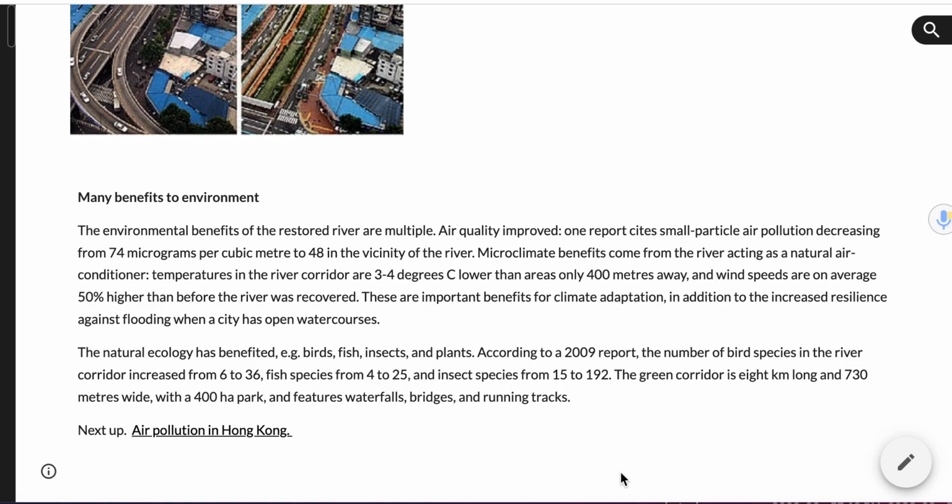There's also then benefits to the natural ecology. Once the river was reinstated, even the project managers were quite surprised how quickly birds, fish, insects and plants returned to that still very urban environment. And that effect is very common actually.